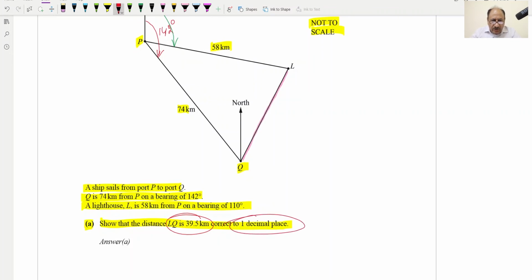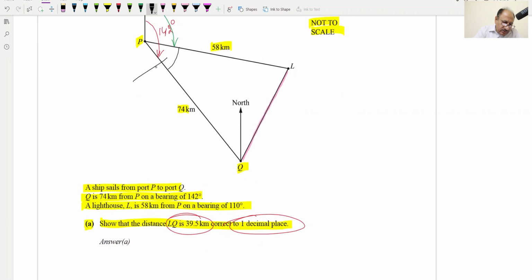This is basically our task to show that this is 39.5. So what we can do, we can calculate this angle. Which angle? This angle, which is 142 minus 110.